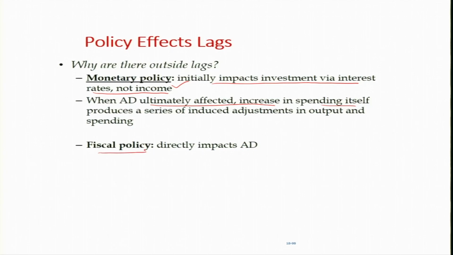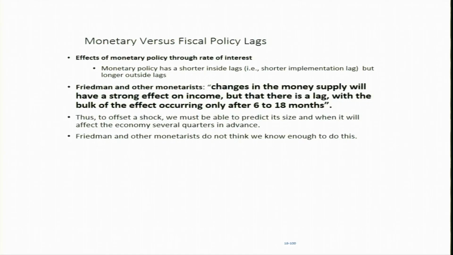But when it comes to fiscal policy, though there are lots of inside lags, the outside lag is very small because we have seen that fiscal policy directly impacts aggregate demand. So the outside lag is less for fiscal policy. Monetary policy has a longer outside lag because the transmission mechanism through which it affects the economy takes a longer time.